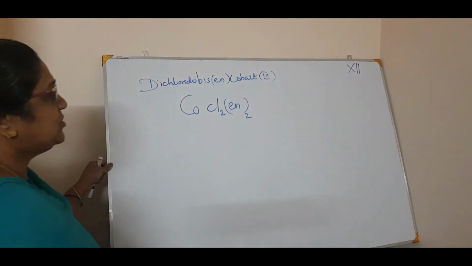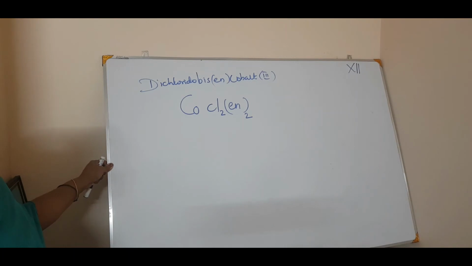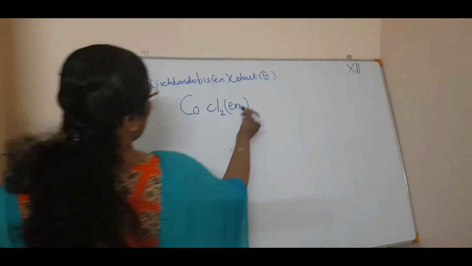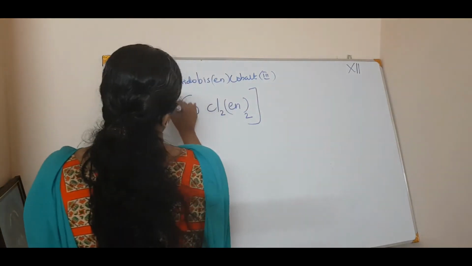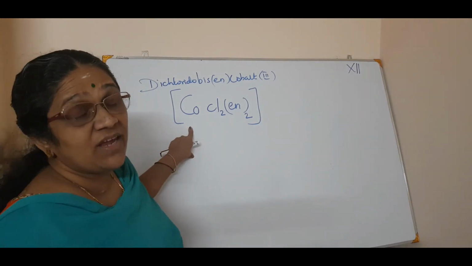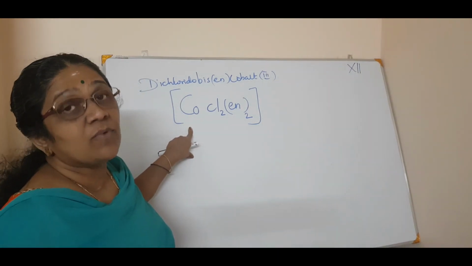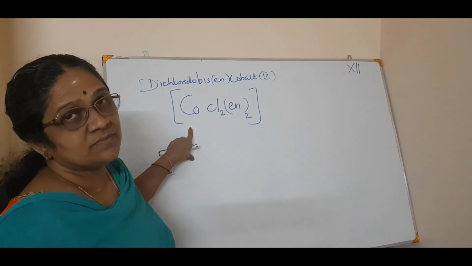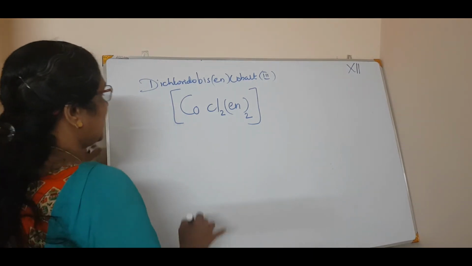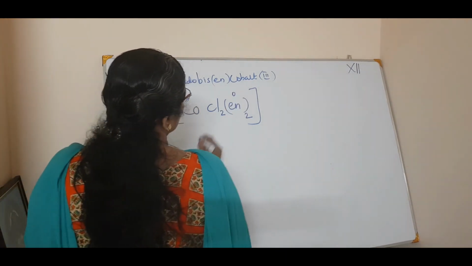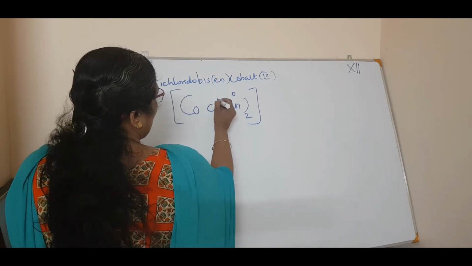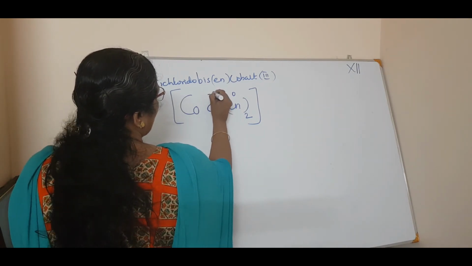Ethylene diamine twice. Now the whole bracket. Now the point is, we have to check for the oxidation number. See, En is 0. Chloride is -1, so -1 into 2, -2.